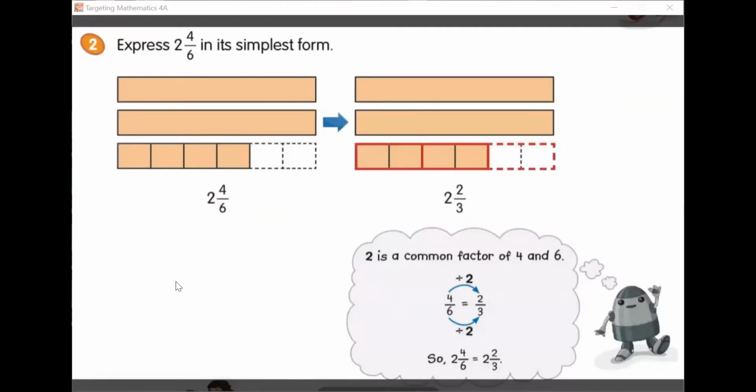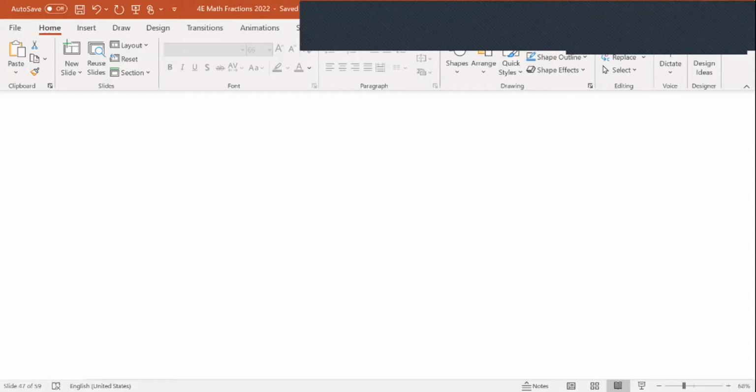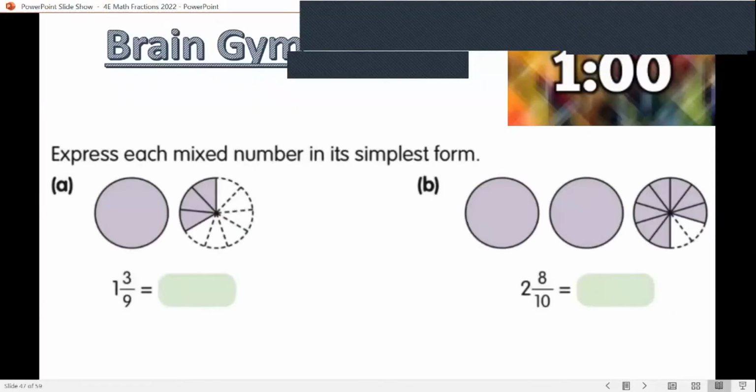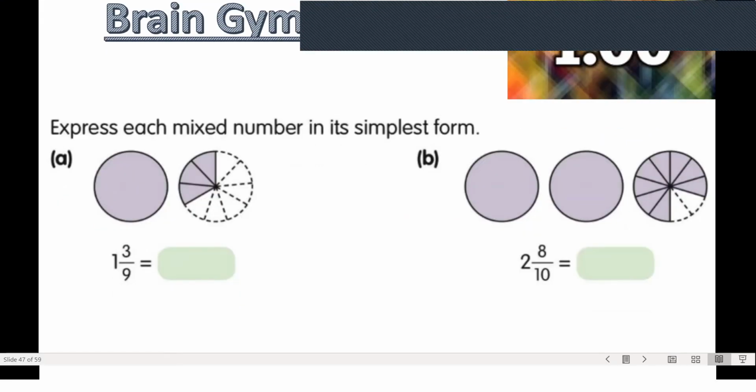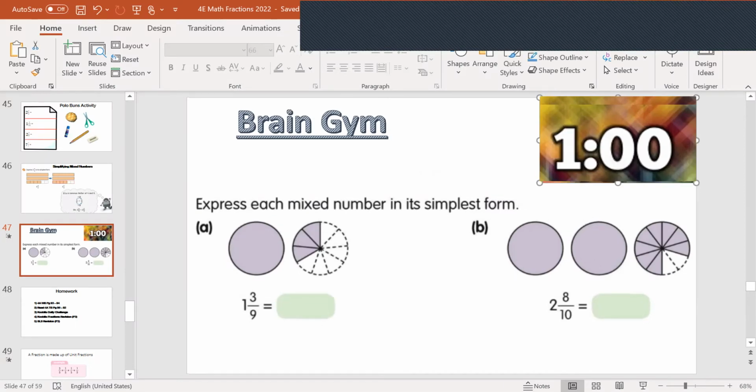Yes. Mm. This sheet? Fractions? Okay, hold on.